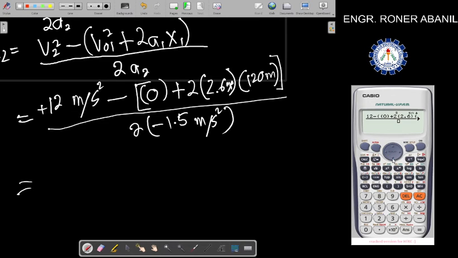Tama naman. Tapos 2 multiply by negative 1.5. 204 talaga lumalabas sa akin. So, 204. Labas dito is 204 meters. That's our answer. So, ayan.